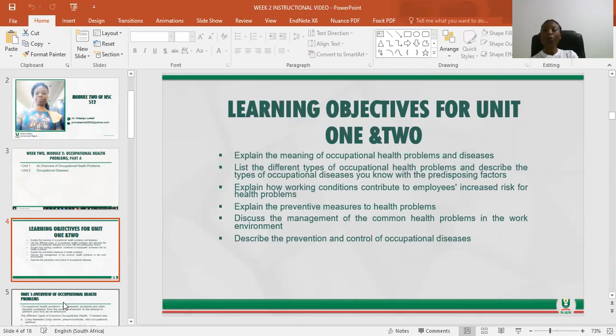Learners should also be able to explain how working conditions contribute to employees' increased risk for health problems, explain the preventive measures to health problems, discuss the management of the common health problems in the work environment, and describe the prevention and control of occupational health.